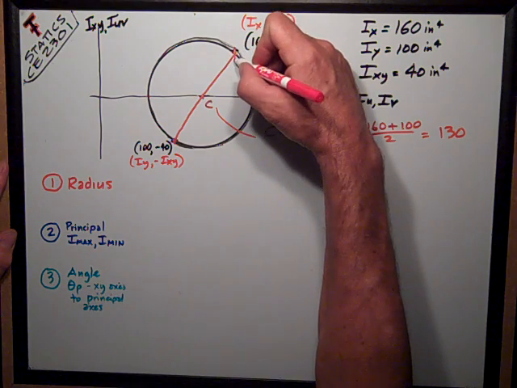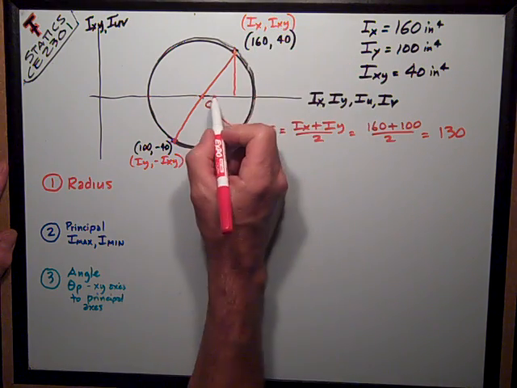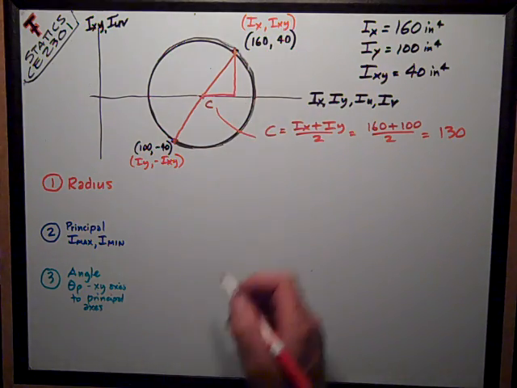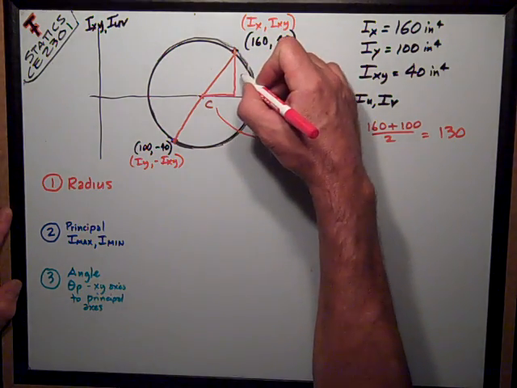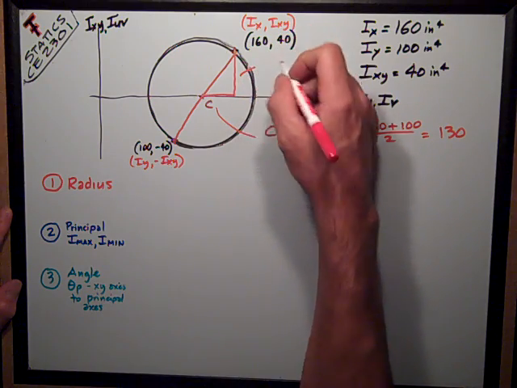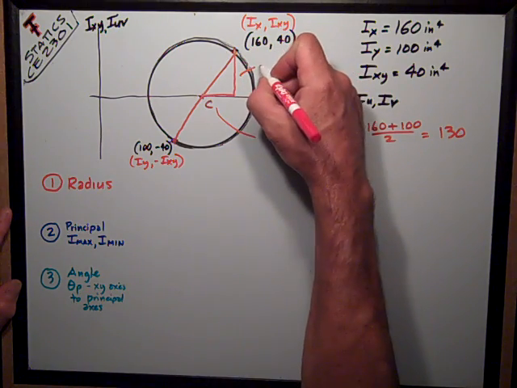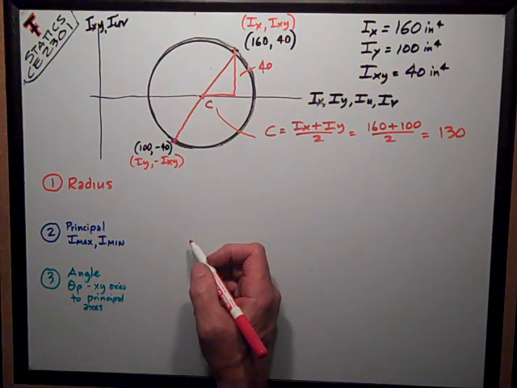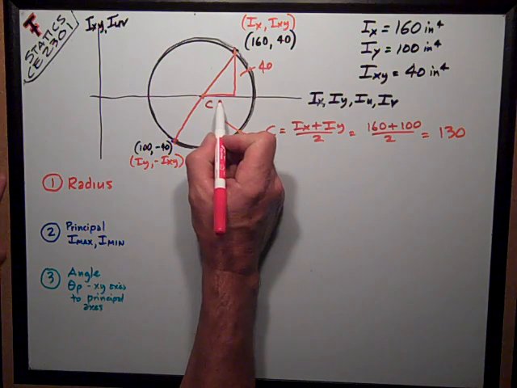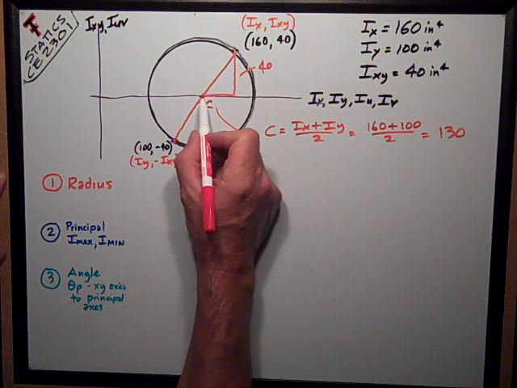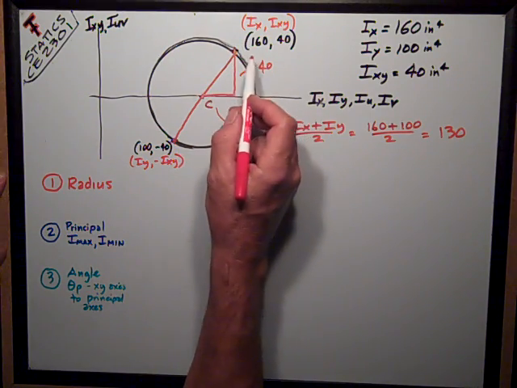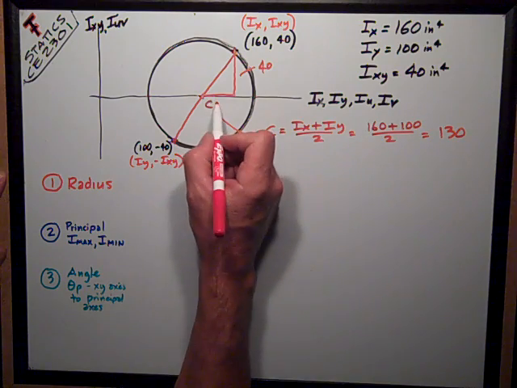I can do that from this triangle that I'm going to draw in red, because I know these values. The vertical side of this triangle is just Ixy, 40 in this case. The horizontal side is the distance from center C to Ix, which I can see is 160 minus 130, or 30.